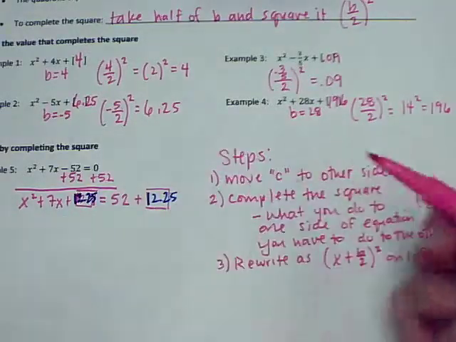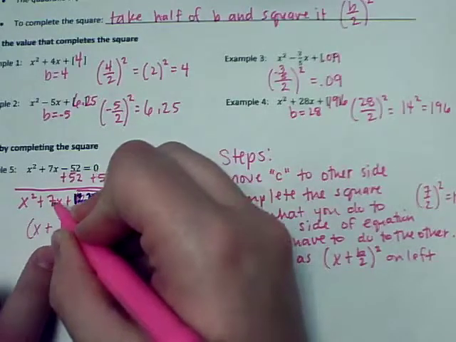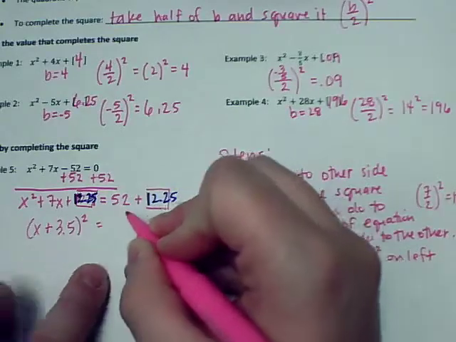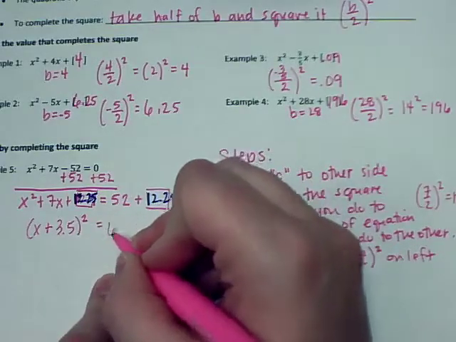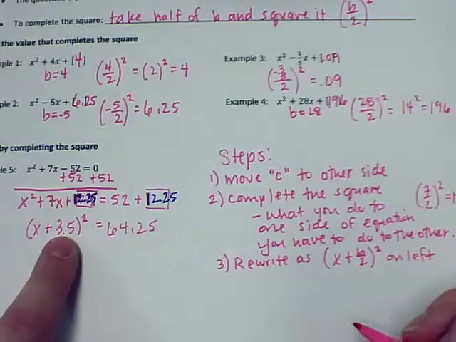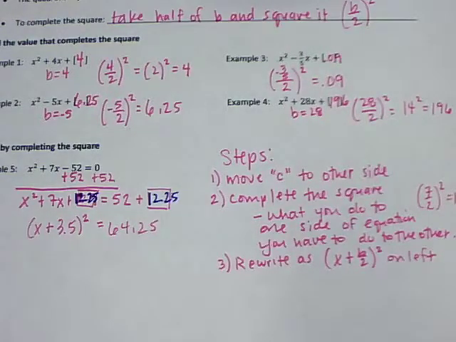Well, that's going to be our half of b thing. So x plus half of b is 3.5 squared. And then if I go ahead and add these together, I get 64.25. So this number always, always, always will be your half of b. And you can use your calculator to find out what that value is.